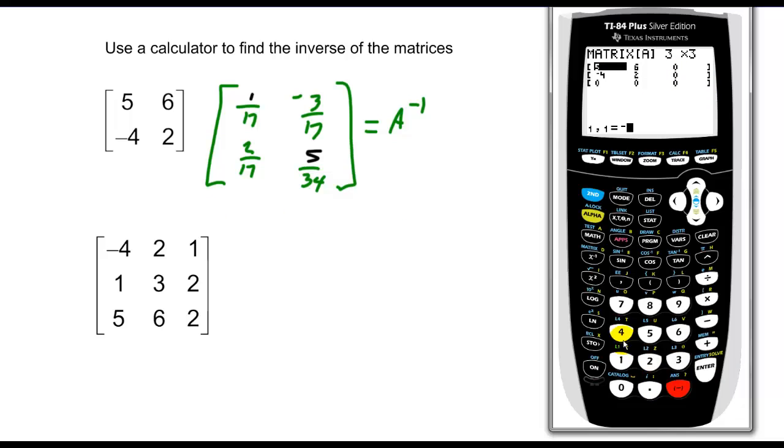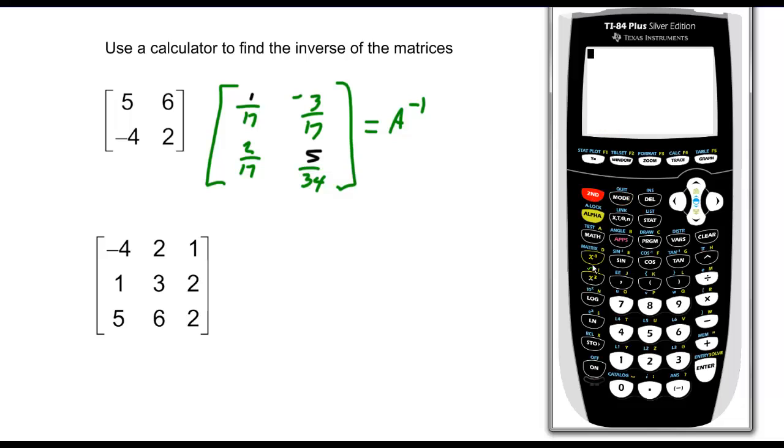I type in my elements, -4, 2, 1, 1, 3, 2, 5, 6, and 2. So there's my 3 by 3. I quit out of the screen.